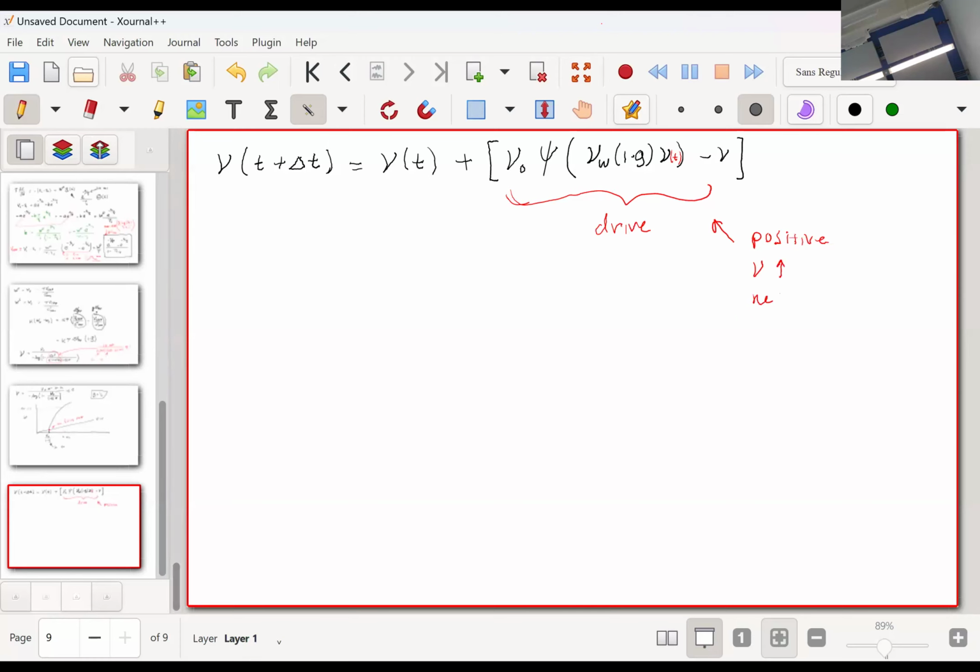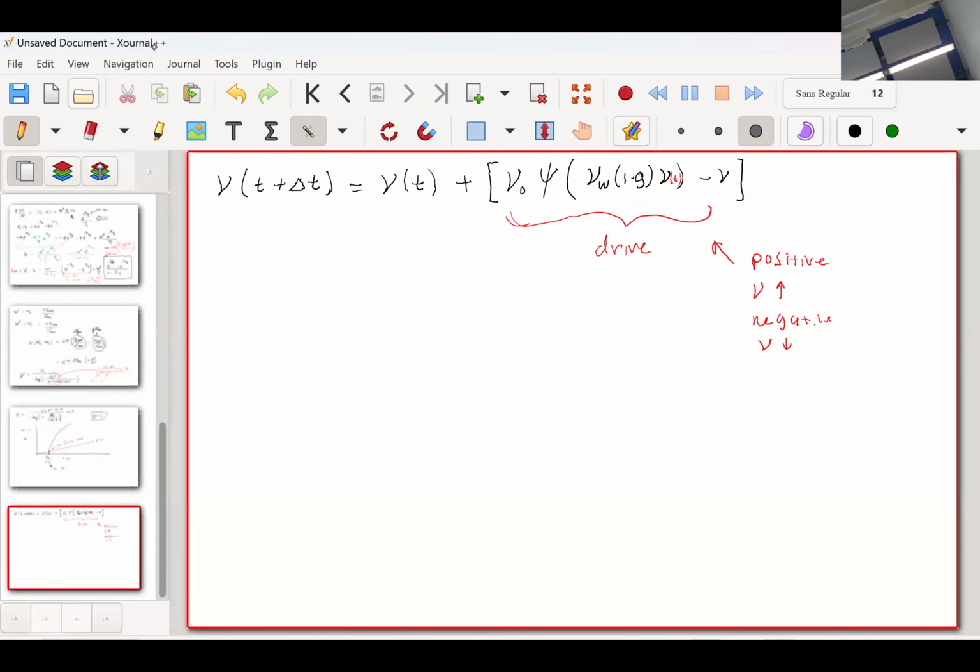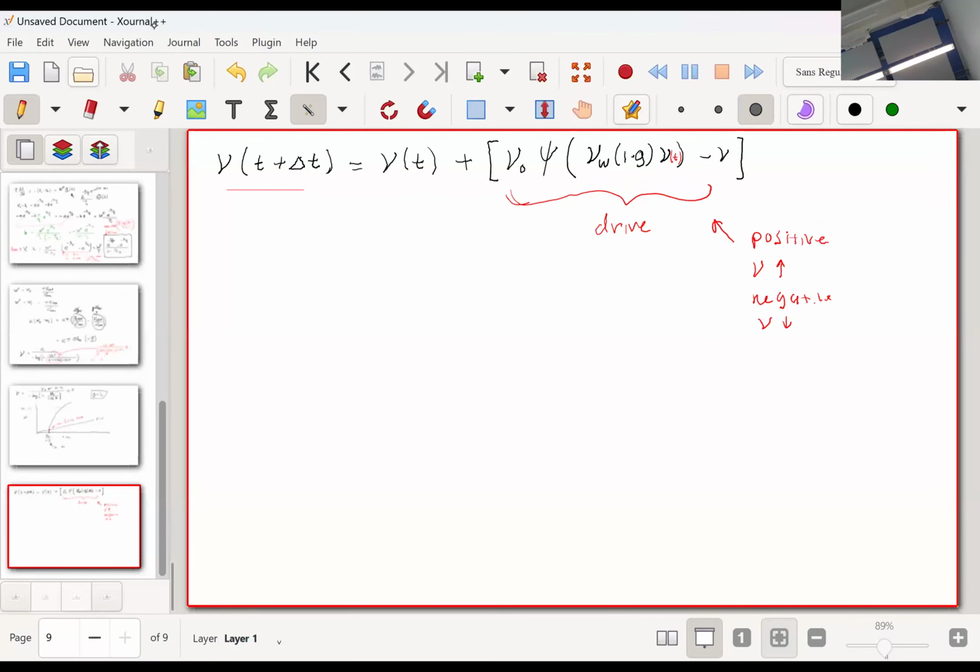If it's negative, nu goes down, okay? So basically, remember, it's nu equals the current time, and then plus that quantity, okay?